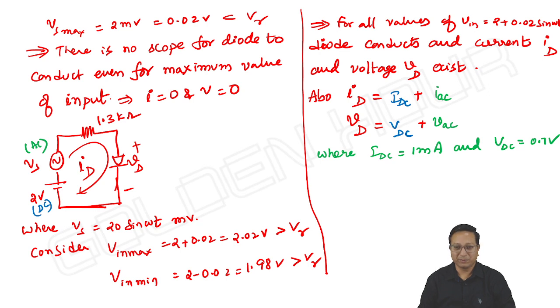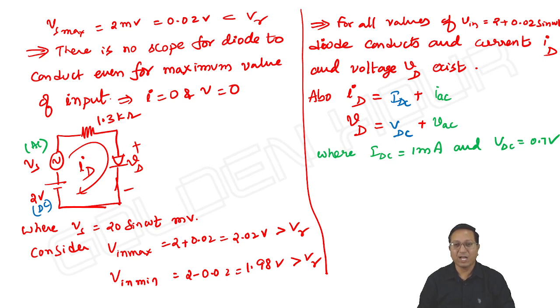It is not superposition, friends, because when do you apply superposition? The circuit should not change. Whenever you have two sources, the overall response is the sum of the individual responses. But if you apply them individually, the diode cannot conduct for AC; it conducts only for DC. Then how can I use superposition here? I cannot.